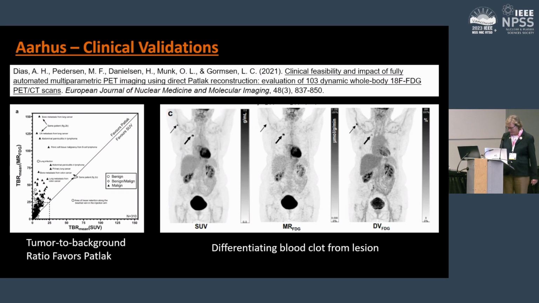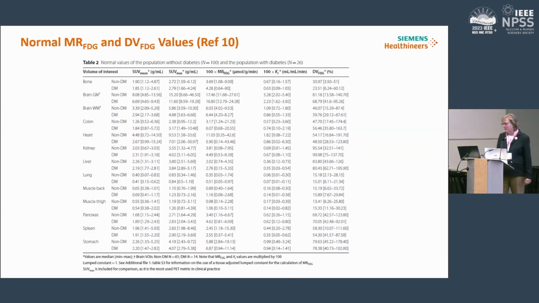So they have all these massive data sets, and they published another paper building up normal MRFDG and distribution volume values. And as Rich had mentioned, back in the days when we had single slice PET, and then eventually we had organ, we had those well published for brain and cardiac, but this was the first time we could do the whole body.